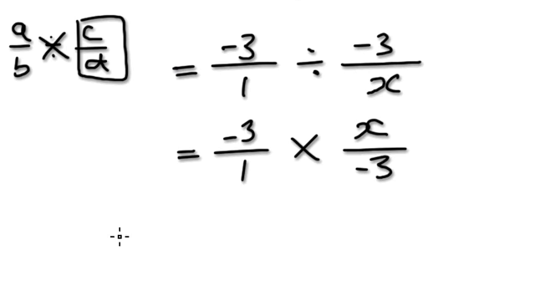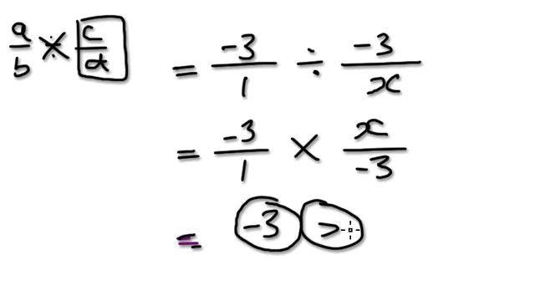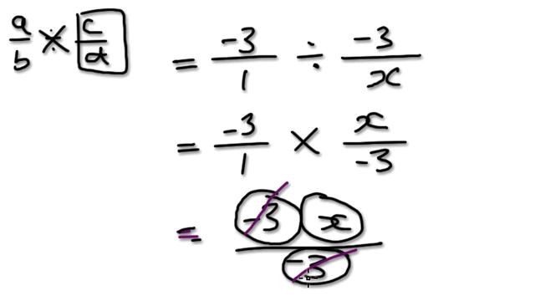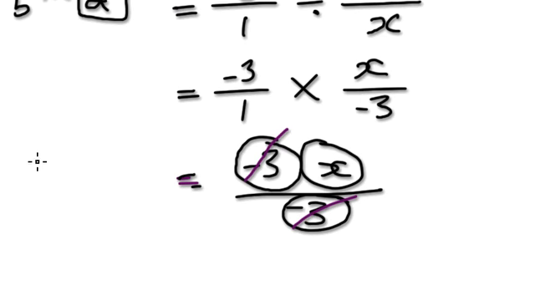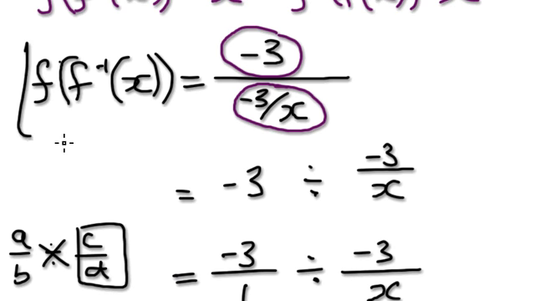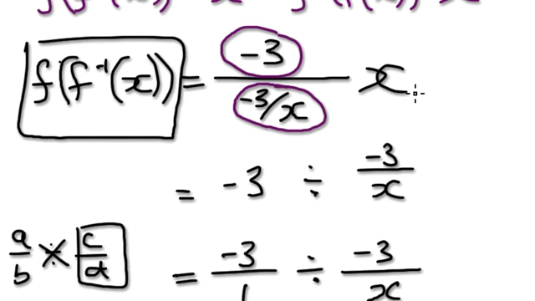Merge the two together, so it would be minus 3 times x over minus 3. Because these two are exactly the same, they kill off each other, leaving you x. So overall, this thing here equals x.